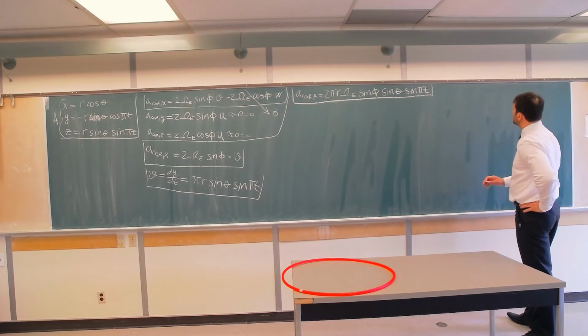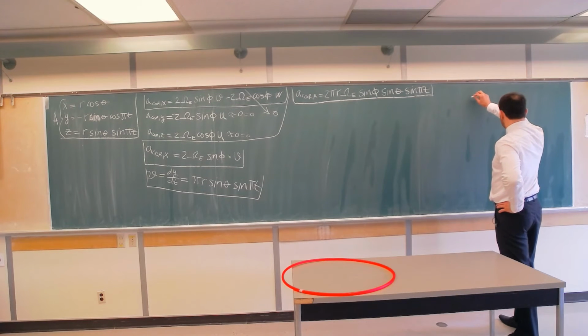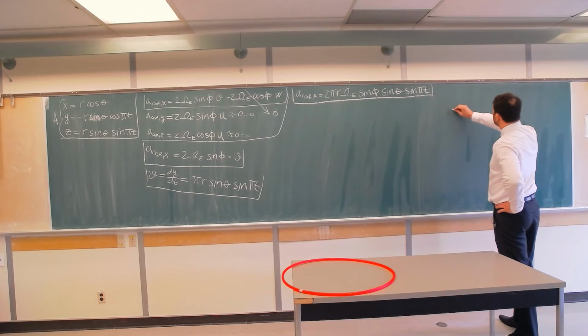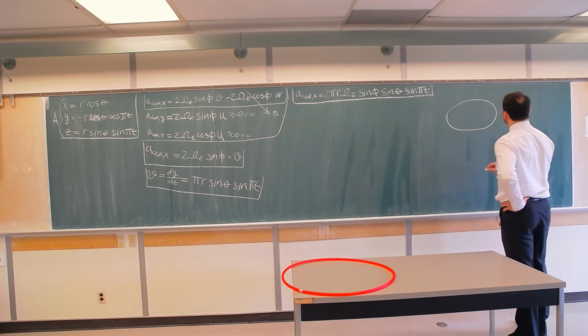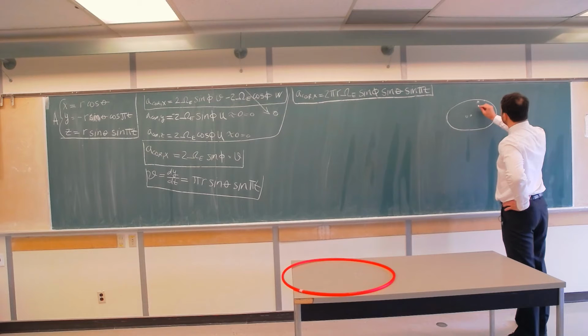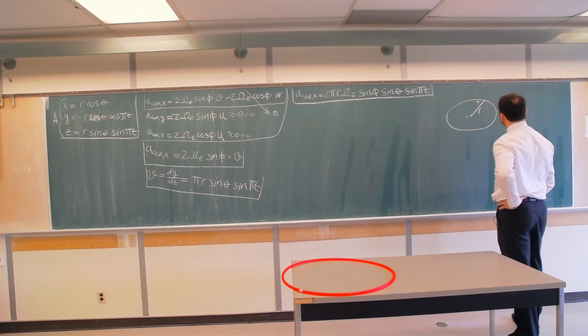So what I'm saying is, this is our ring. Here is origin O. Here is point A. Here is radius R. This is now a ring that is in the phase of rotation.